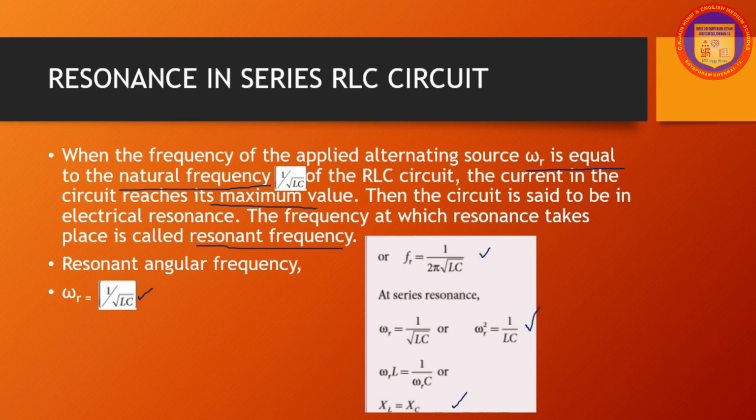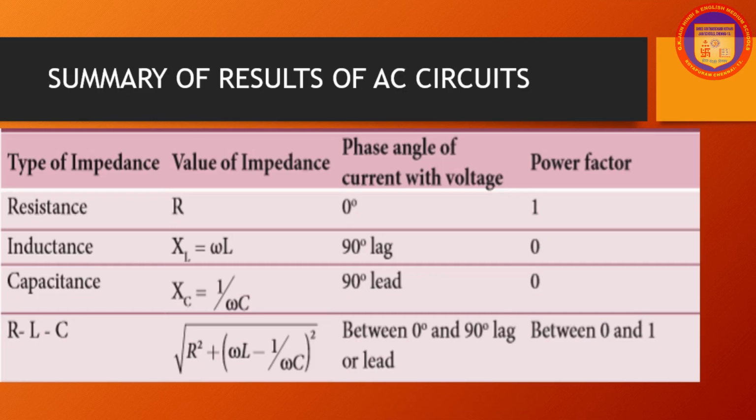This is shown in the summary of result of AC circuit, so what is the XL value, XC value, the power factor, everything. Since XL and XC are frequency dependent, the resonant condition XL equal to XC can be achieved by varying the frequency of the applied voltage.